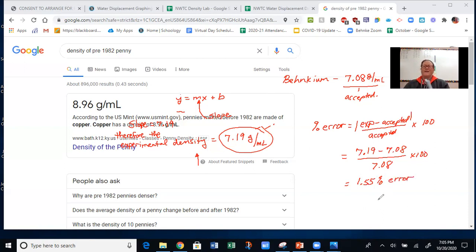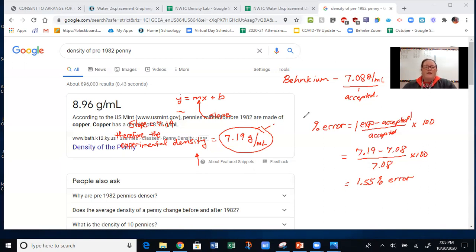In a chemistry lab at the high school level, anything below 10% error is considered pretty darn good. I'm just double checking my math. Yes.